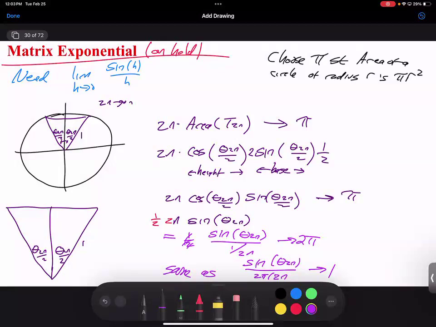So if we define the angular measurement to be 2 pi, where pi is coming from the area of the circle, then this limit is 1. So now we define the angular spread to be 2 pi, and we get the sine of 2 pi over 2n, over 2 pi over 2n, goes to 1.